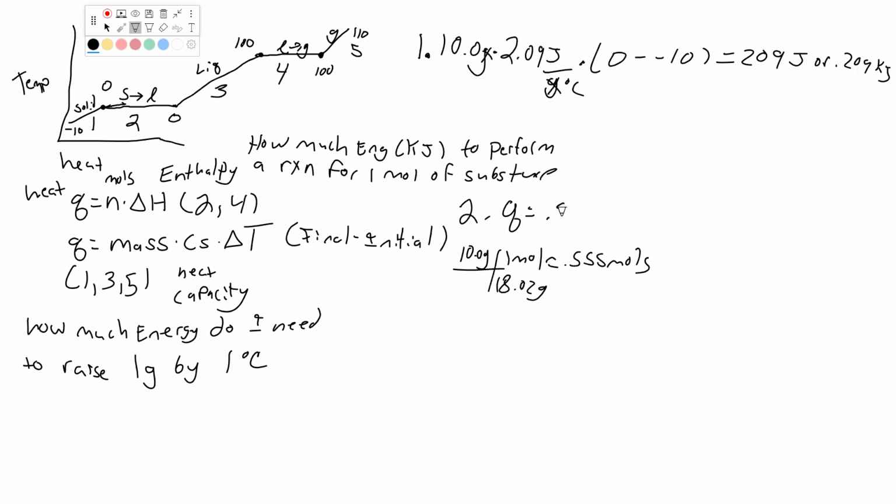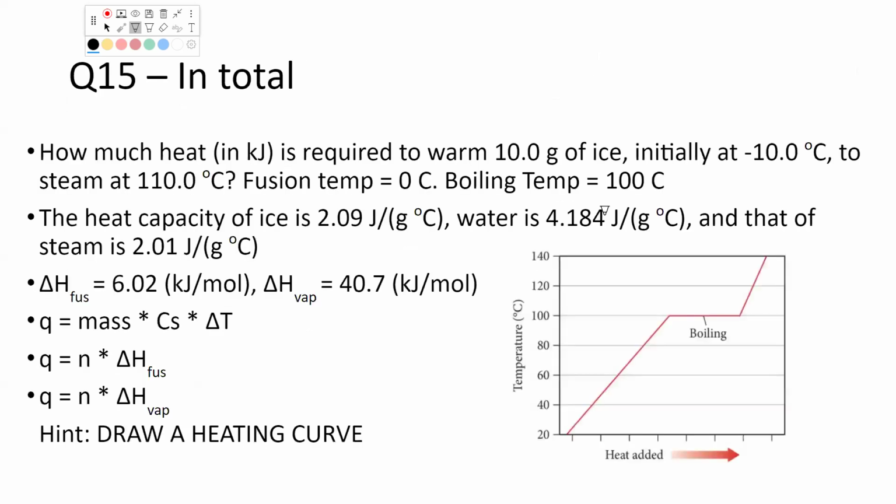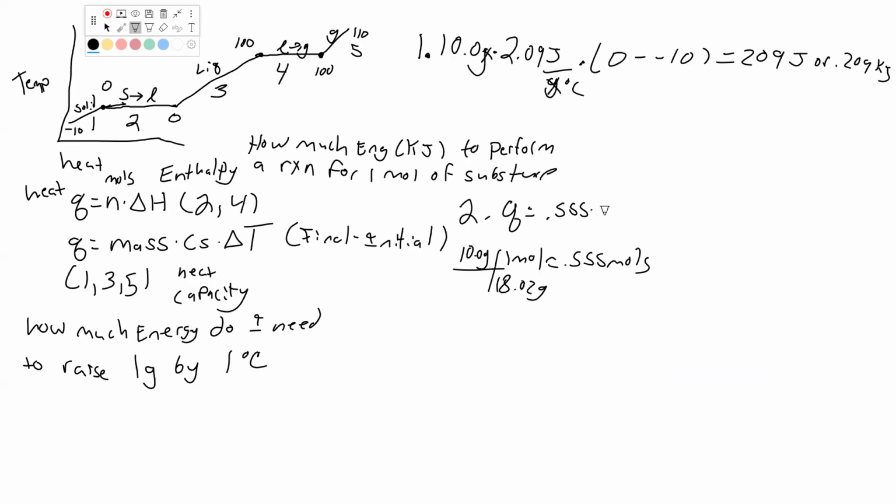So Q equals 0.555 moles multiplied by delta H. We're doing a fusion process, so I need the delta H of fusion, which is 6.02 kilojoules per mole. The amount of energy it takes to melt this ice is 3.34 kilojoules.